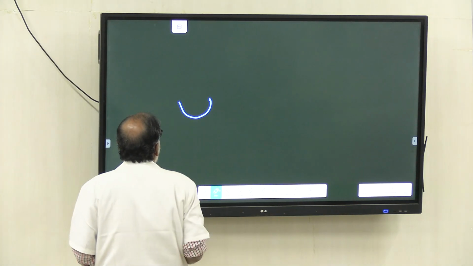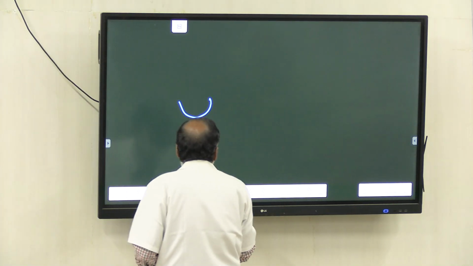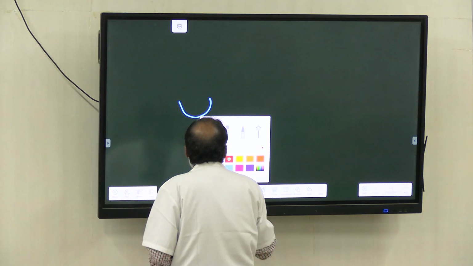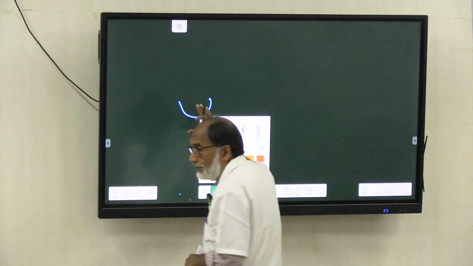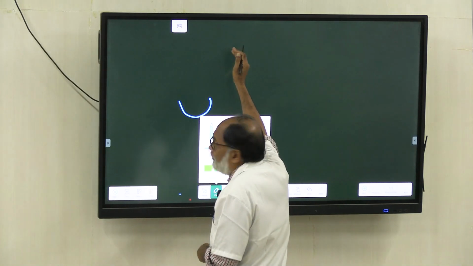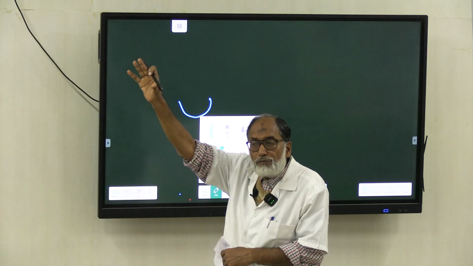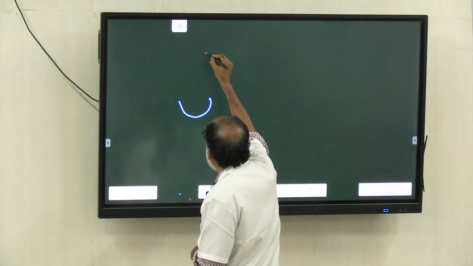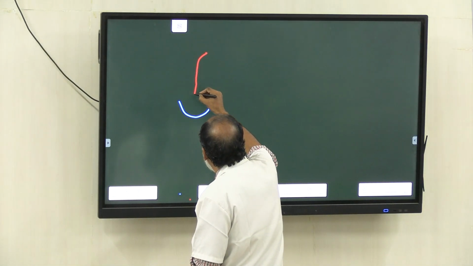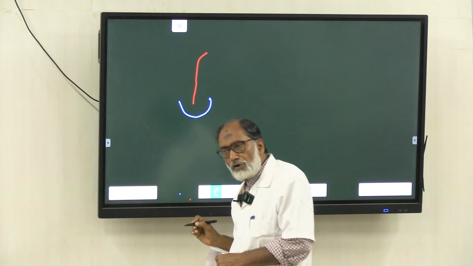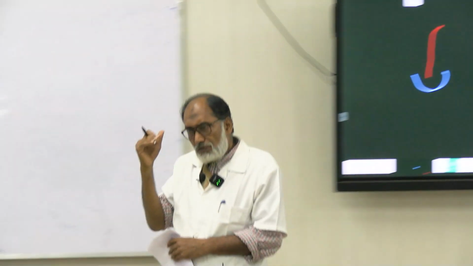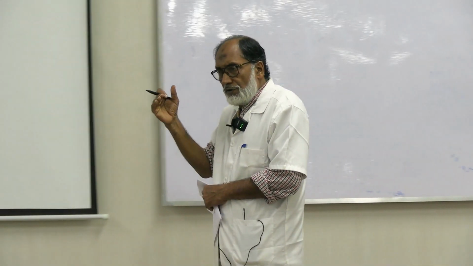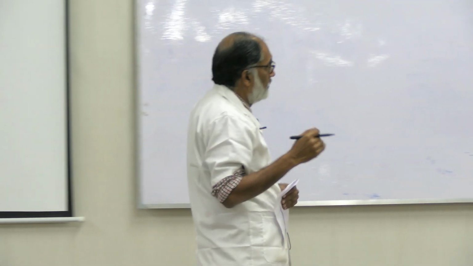Here the artery will come from the branch of the arteria profunda femoris. Suppose this is the arteria profunda femoris. Arteria profunda femoris will give the superior radial collateral.